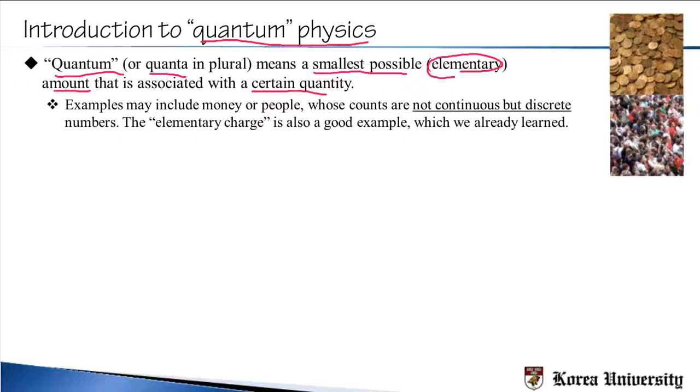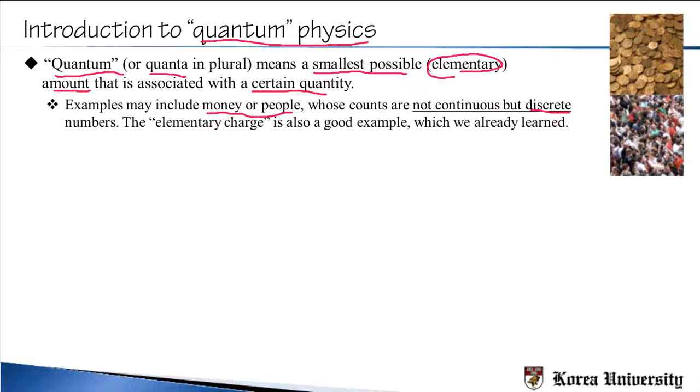Examples of such things may include money or people, because, for example, we count people by 1 person, 2 persons, 3 persons, but we never count people like 1.345 persons, right? So we always count them by discrete numbers, not continuous numbers.